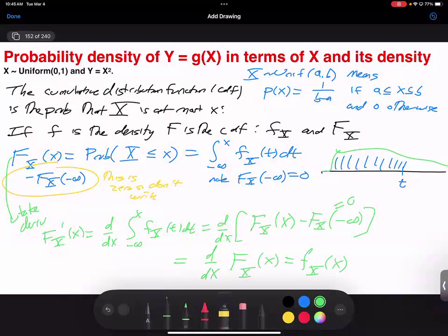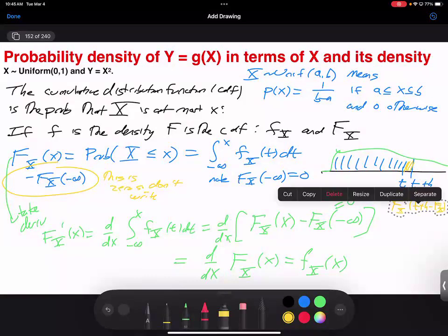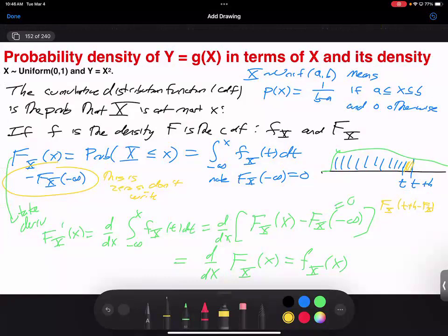So another way of thinking about this, if this is t, if I go to t plus h, and I look to see what's the amount of area over here, this would be big F sub x of t plus h minus big F sub x of t, over h.